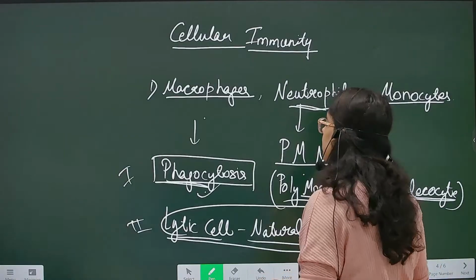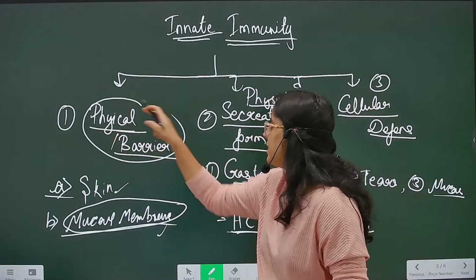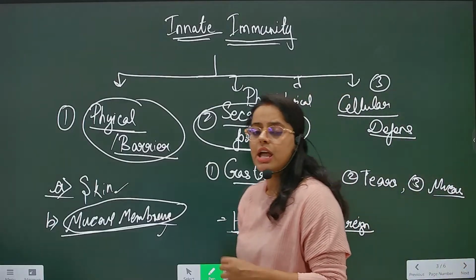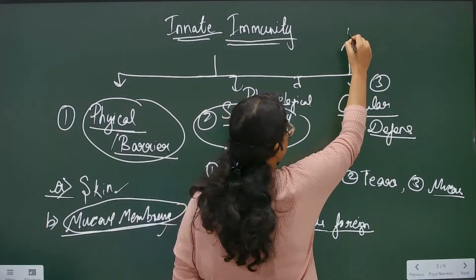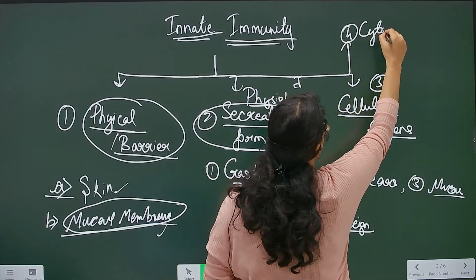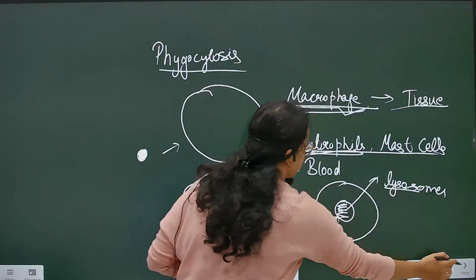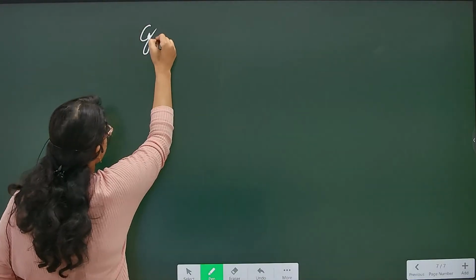Now we have learned about innate immunity. We have physical barrier, we have secretory form, that is physiological barrier, and we have learned about cellular defense. There is another type of innate immunity, that is cytokine-based. Let us learn about that.